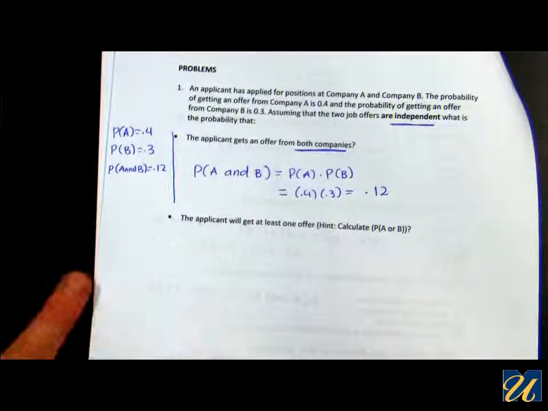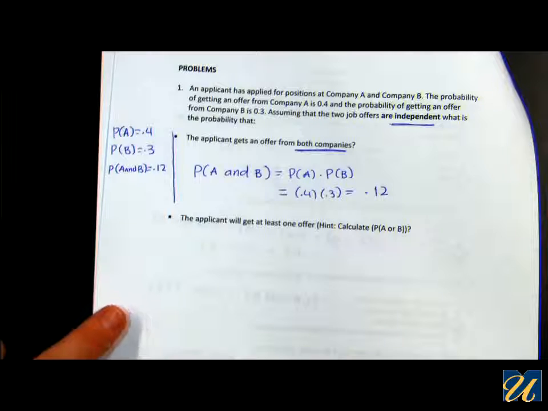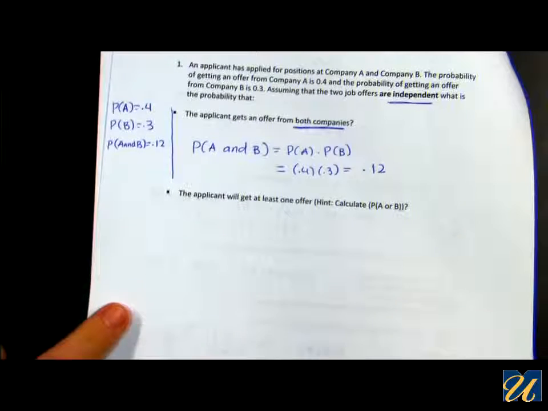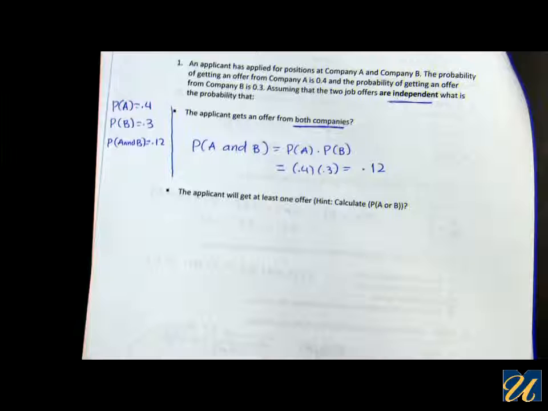Now, what is the probability the applicant will get at least one offer? At least one offer means one or the other.